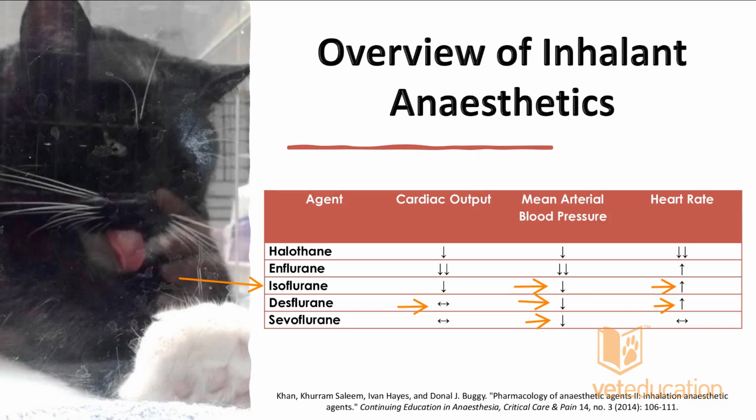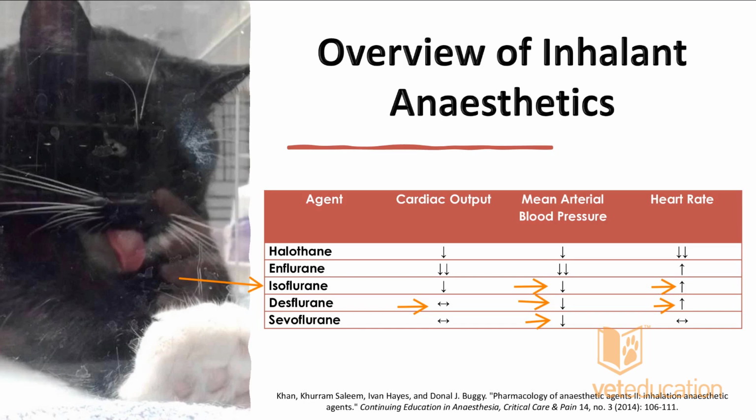So if you're using isoflurane, I want you to think of two important things. One is that it is a potent depressor of myocardial contractility. And that's one of the reasons why when the heart rate increases in response to decreasing arterial blood pressure, we don't get an increase in cardiac output. In fact, we get a decrease in cardiac output. So isoflurane decreases cardiac output and decreases arterial blood pressure.